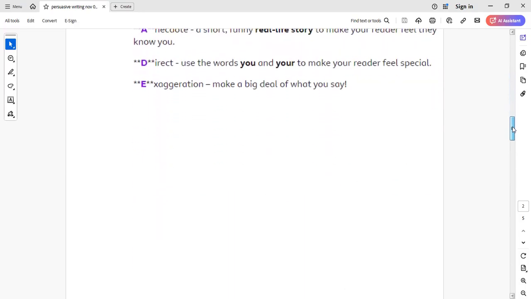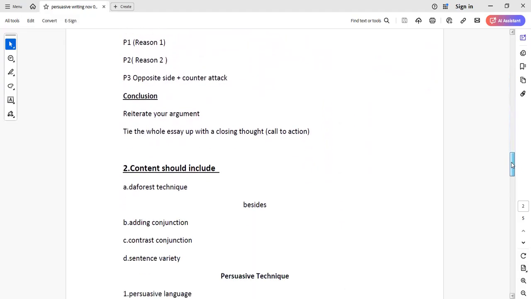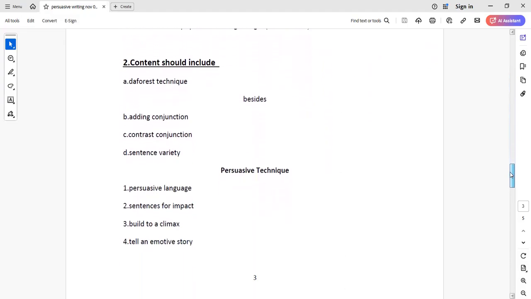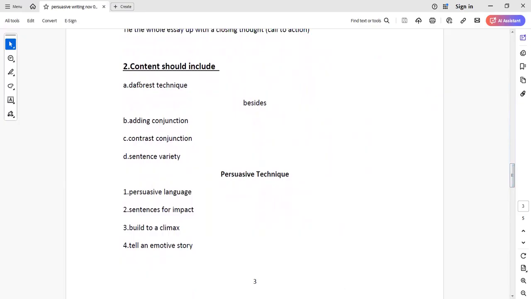Now, when you are writing persuasively, as you can see, plus the DAFOREST technique, you use adding conjunctions. Of course, adding conjunctions are used here and there in articles and others, like moreover, furthermore, besides, in addition, and then you use contrast conjunctions like although, though, even though, despite, in spite of, and so on.